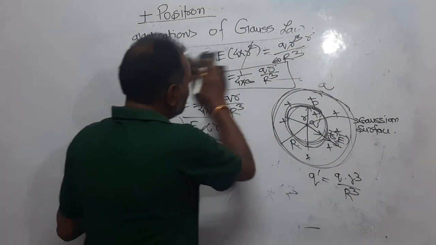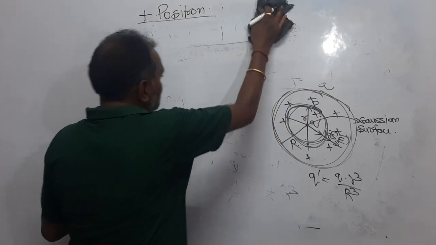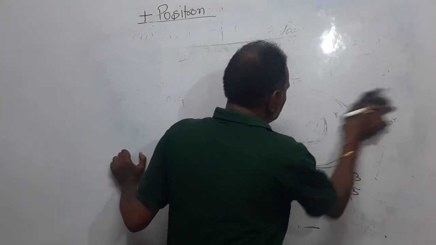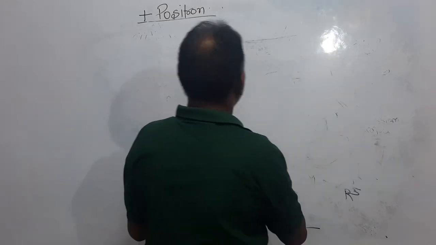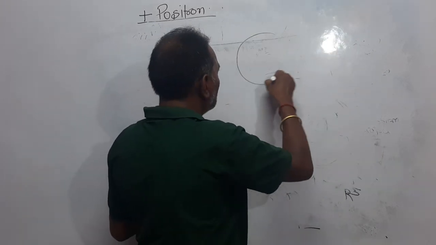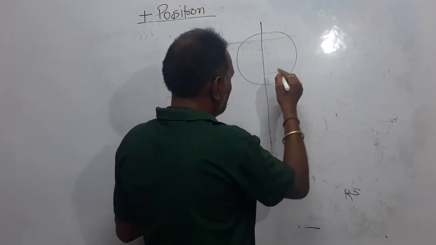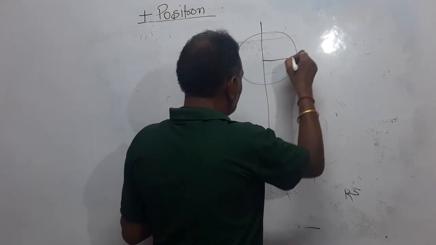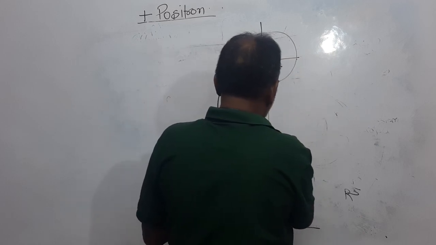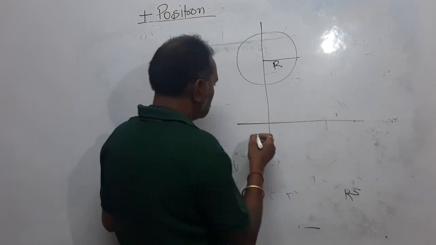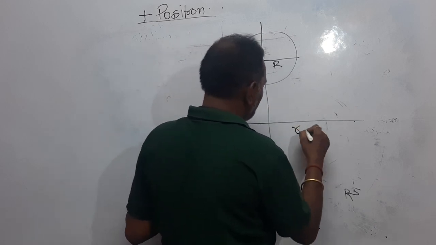Dear students, now look here. Let's discuss these results, how you can plot the graph. This is a capital R. Now I'm plotting E versus r.